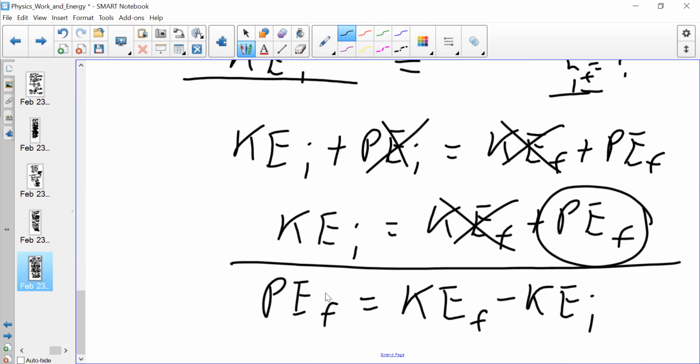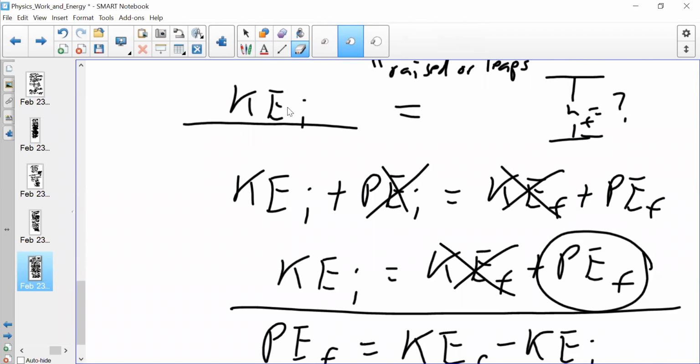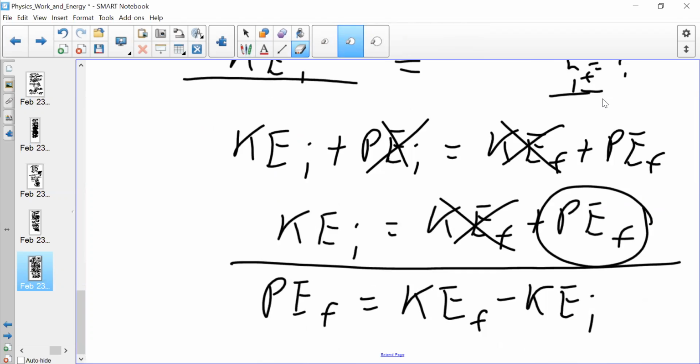Because you can think about it like this. Running, leaps, at the moment that he leaps over the bar, at that instant, we can say that he's not going to be moving at that instant, but he's going to be in the air. So the energy in the end is potential.